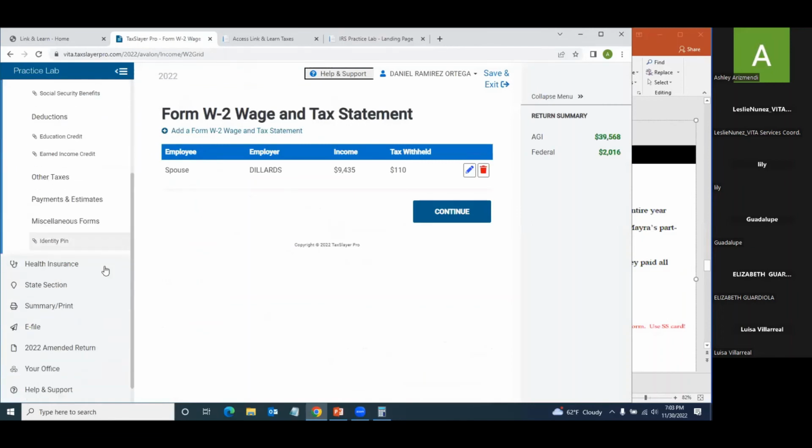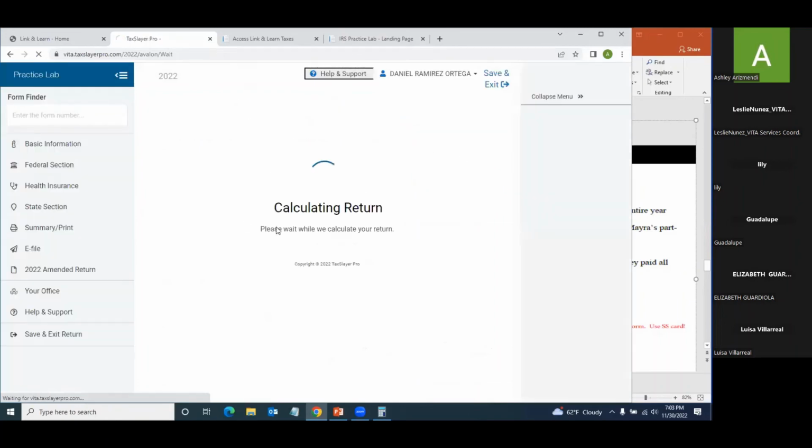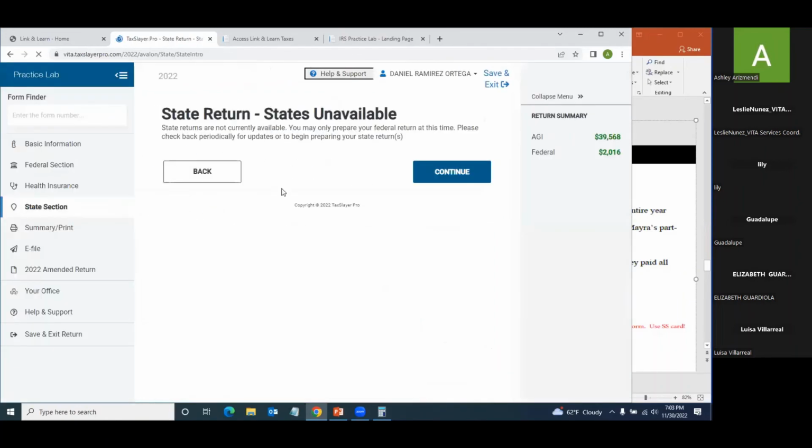And then we would go to the state section. We always need to add, if they have state return on the W-2, we would have to add it on here and push continue. Since it doesn't have it, it's not gonna let me put it, but that's what we would put for the state information.